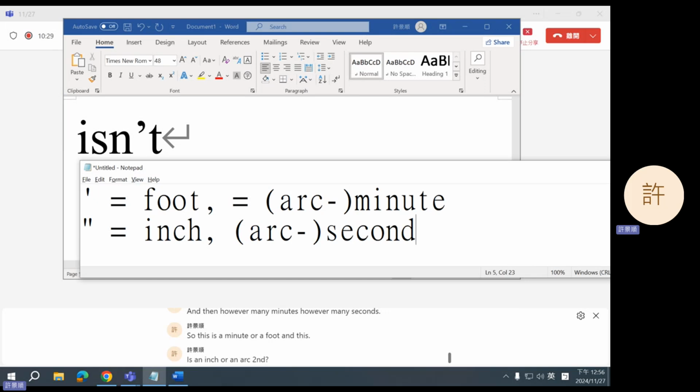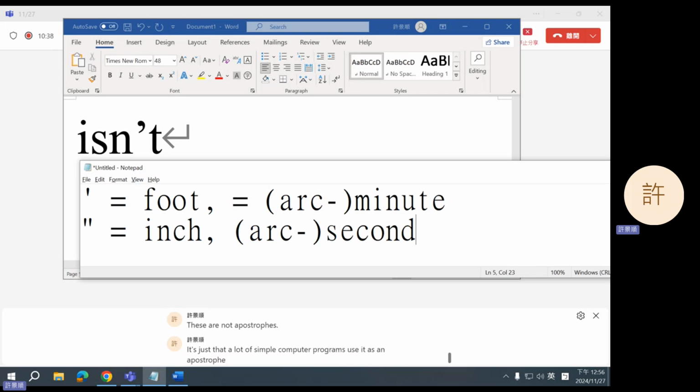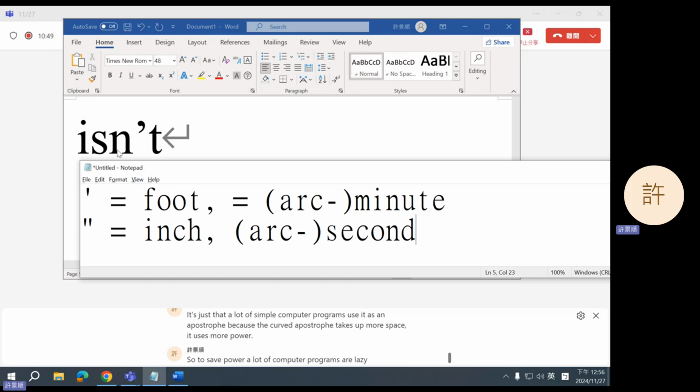These are not apostrophes. It's just that a lot of simple computer programs use it as an apostrophe because the curved apostrophe takes up more space. It uses more power. So to save power, a lot of computer programs are lazy. But these are not the correct punctuations. It has to curve. Right?